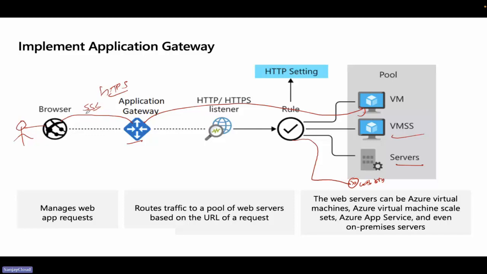Now let me know what kind of infrastructure we are using here, what type of encryption we are using here. If I'm using encryption from the user's browser to the load balancer and then behind the load balancer as well, what type of encryption am I using here? Any idea?